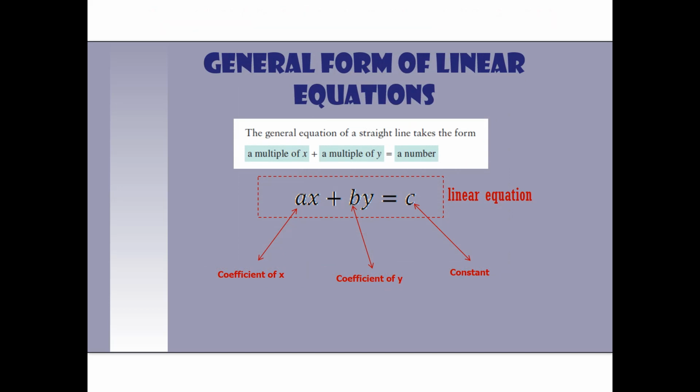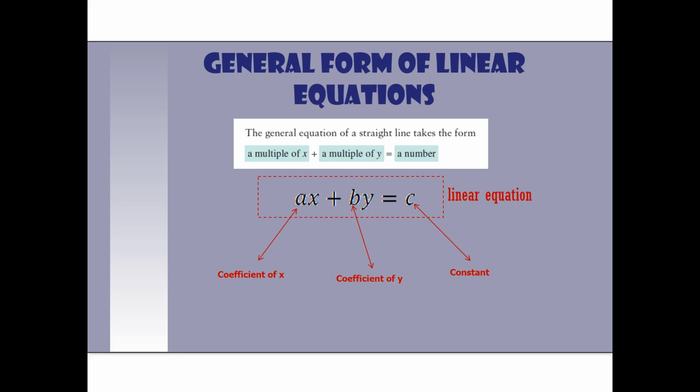Now the equation, the general equation of a straight line, takes the form a multiple of x plus a multiple of y equals a number.